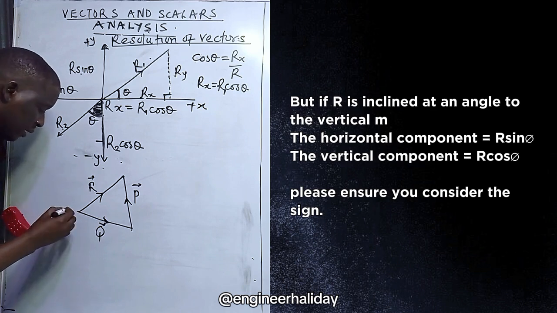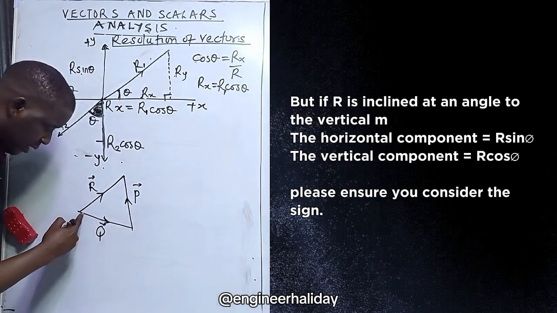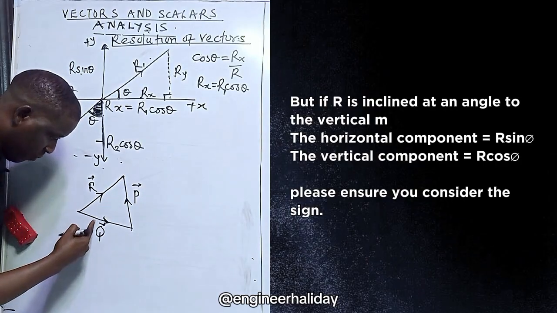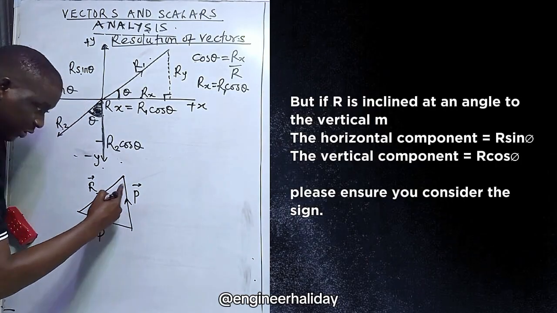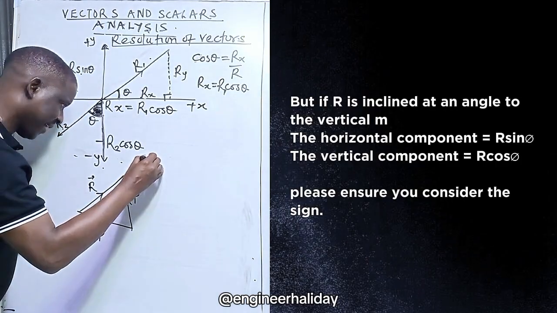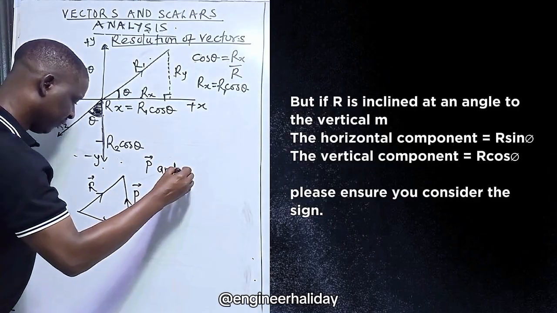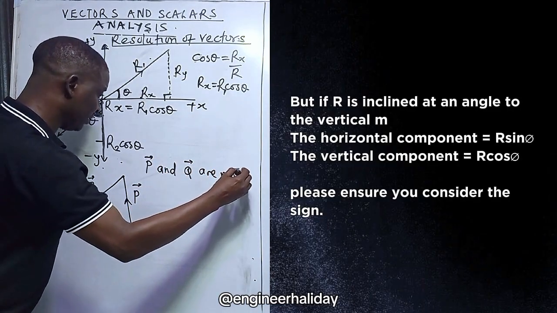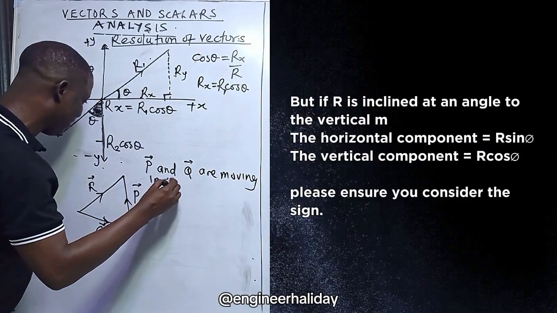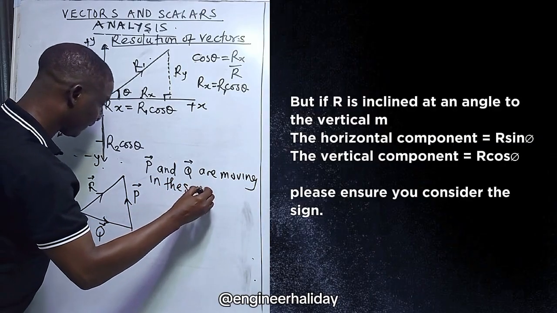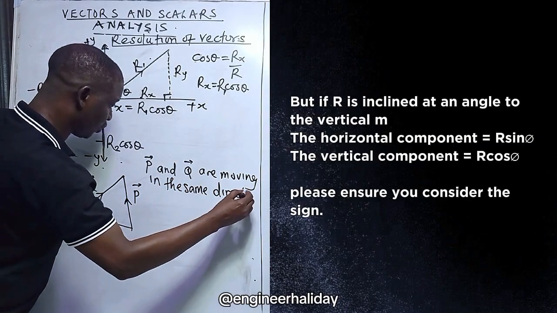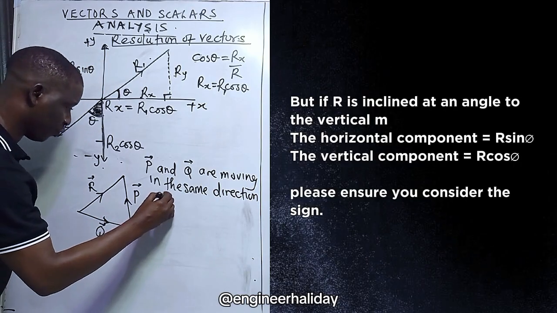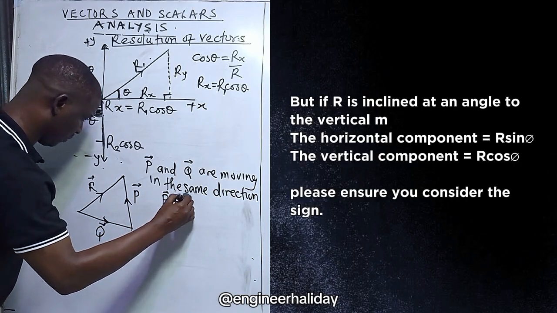Look at this arrow. This is a triangle. Now, this arrow is showing that, follow my hand, that is going the same direction with P. So vector P and vector Q are moving in the same direction. So as such, you are going to add them together, P plus Q.